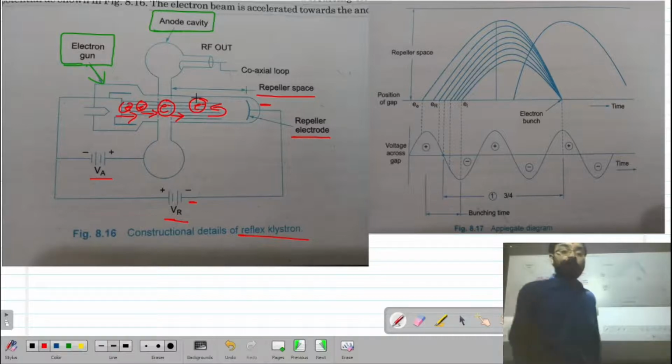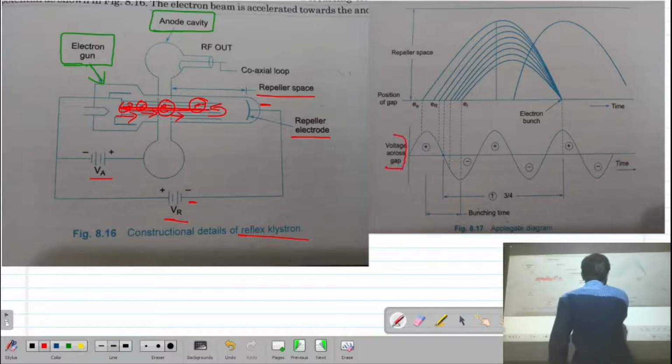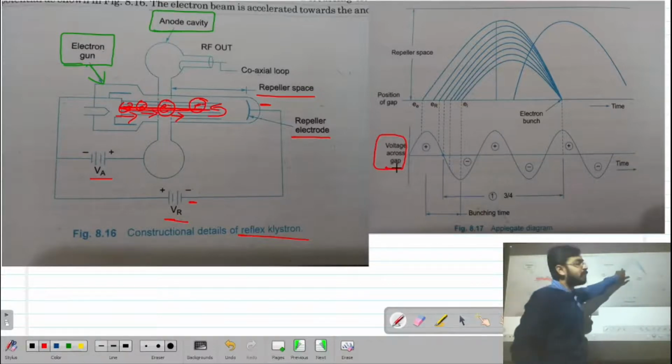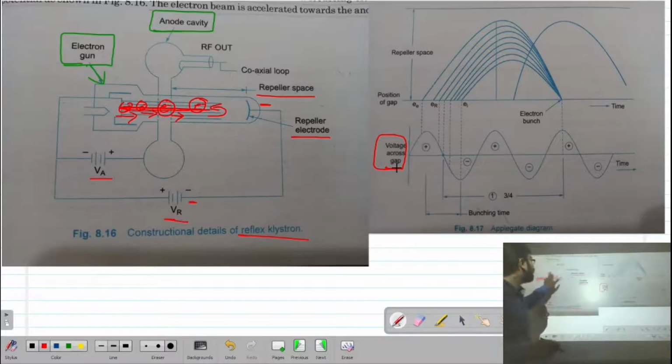Now the question arises: from where do the oscillations come? We know that this is the flow of the electron beam to generate an RF output. This is the voltage across the gap, and this is the position of the gap. We have studied this Applegate diagram, but there has to be some oscillation for the sustained generation of RF output.